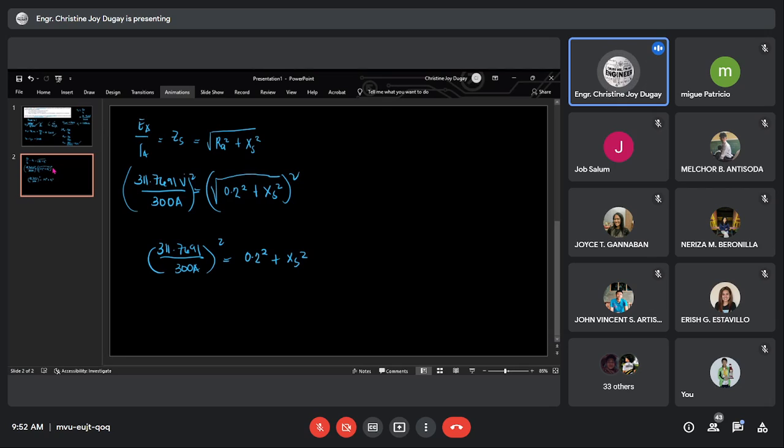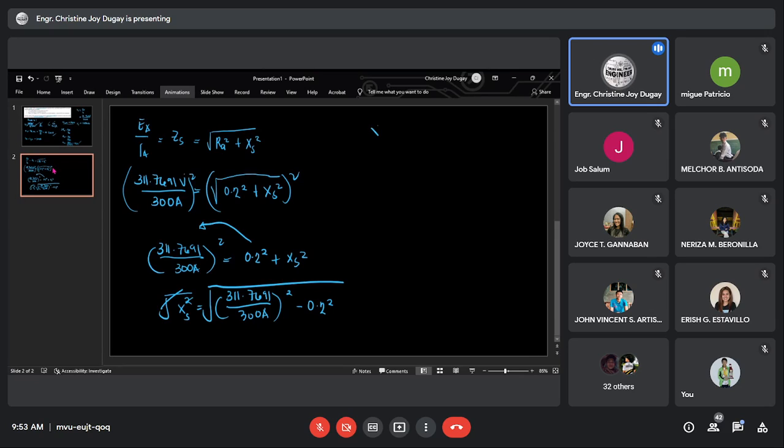And then transpose to kabilang bahagi, so ang XS squared po natin, that is equal to 311.7691 divided by 300 ampere, quantity, square ninyo siya, then ito, transpose nyo, so magiging negative 0.2 squared. And then, take the square root of both sides. Ayan, para matanggal yung square doon, no?